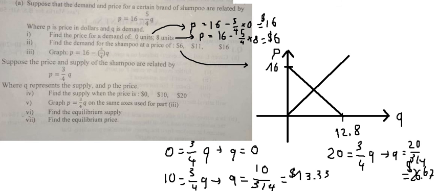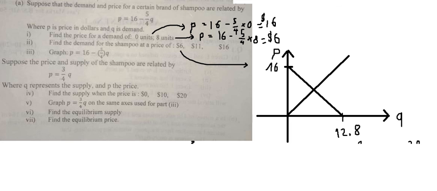Question number 6, find the equilibrium supply. That means we will put the two equations, this one and this one, equal to each other.